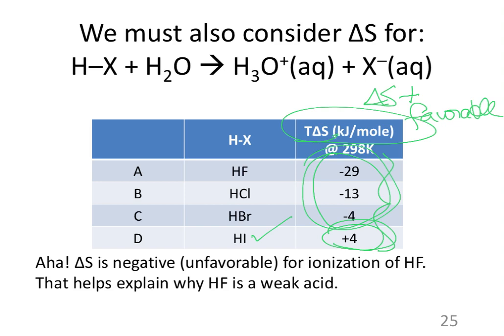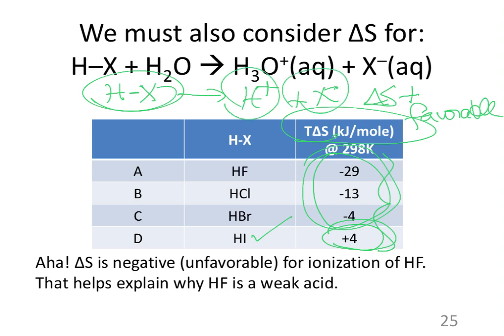Now, how is that possible? Because we've always learned, right, that the entropy involved in ionizing or separating an intact acid into its individual ions, that the entropy is positive, that's favorable, right? What's going on? How do you get these negative values? Well, it turns out that is solvation, okay?